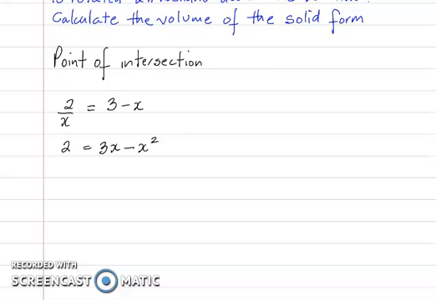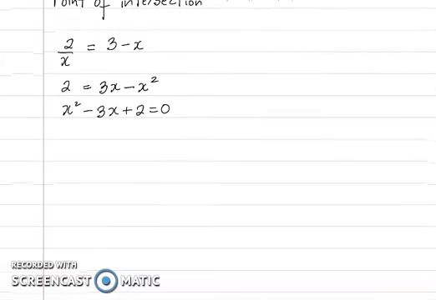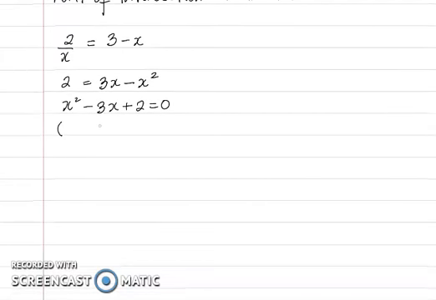So what I have is a quadratic equation to solve. Let's get everything on one side and 0 on the other side. So I have x squared minus 3x plus 2 is equal to 0. So I'm going to factorize. So x here, 2 here, 1 here, negative, negative.